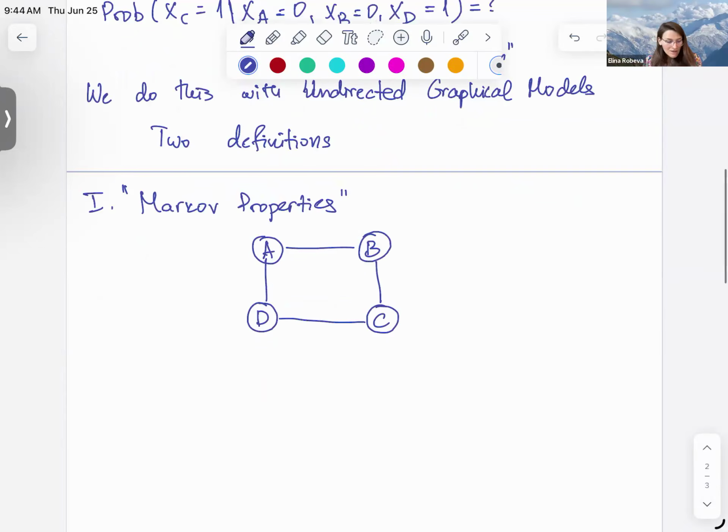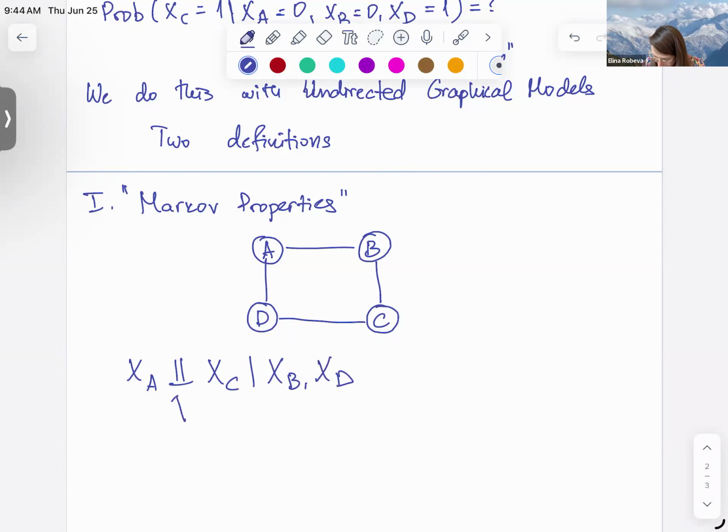So as I was alluding to earlier, if you wanted to see how A is related to C, well, all of the information from A that we can use for C can sort of be read off from B and D. So if you knew B and D, if you knew the weather in these two towns, then the weather in A will not be giving any extra information about the weather in C. So the way we say this in probability is we say XA, this random variable, is independent of XC given XB and XD, or conditioned on.